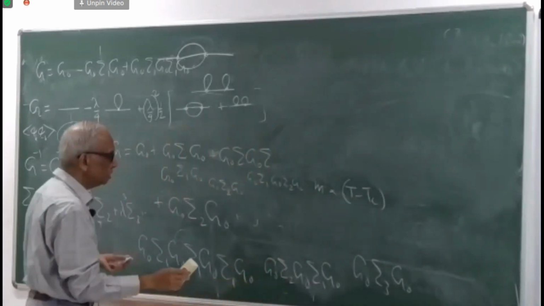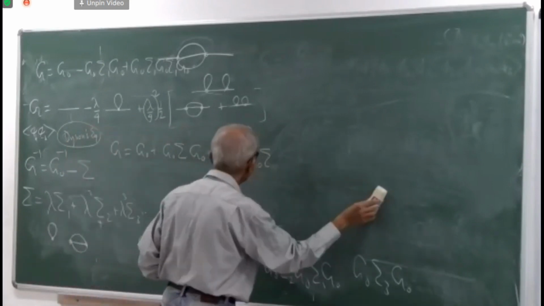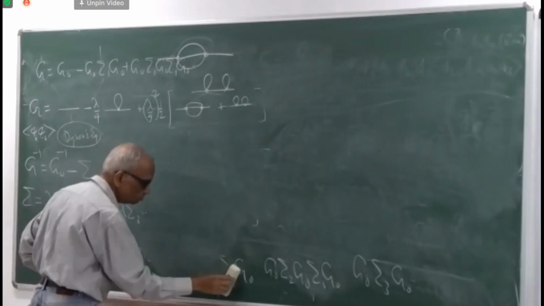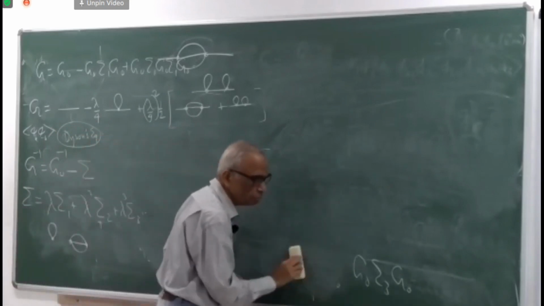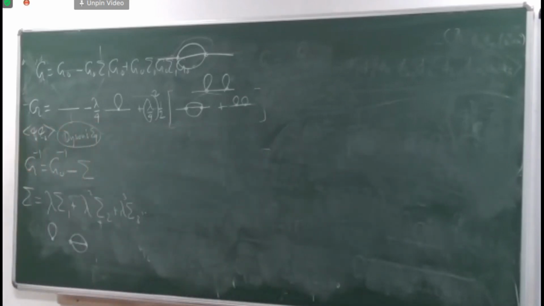It can be high energy physics, it can be many body condensed matter, it can be statistical physics, equilibrium statistical physics, non-equilibrium statistical physics, everywhere the same thing. Infinite series. Sure. Certainly.